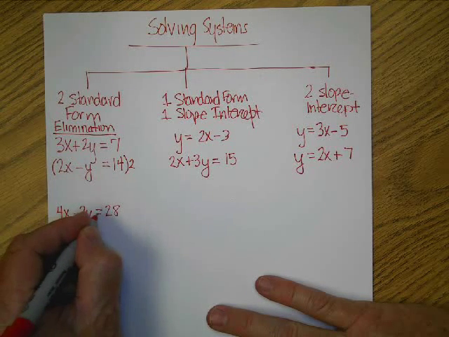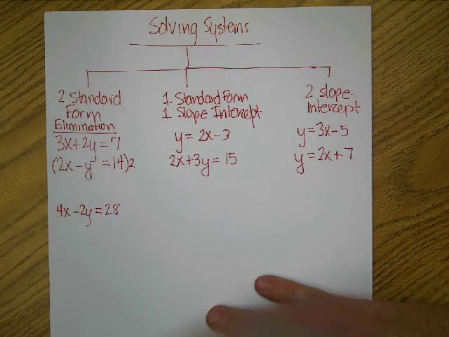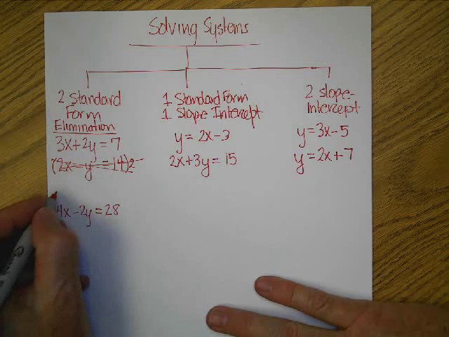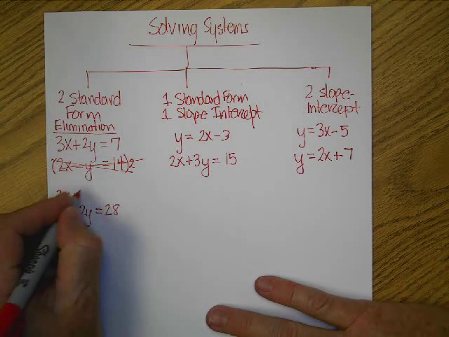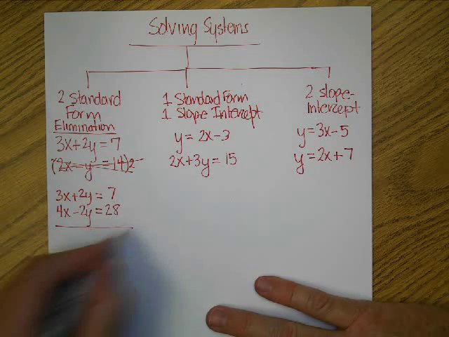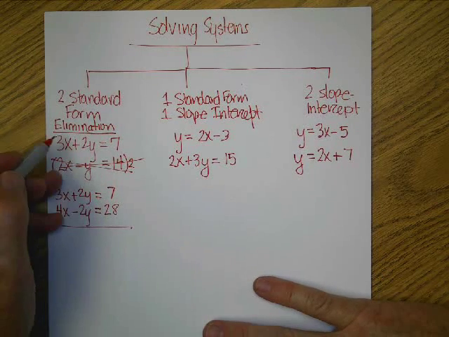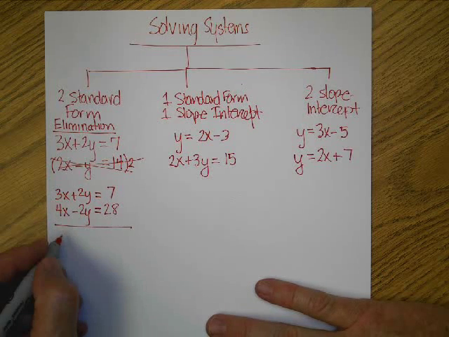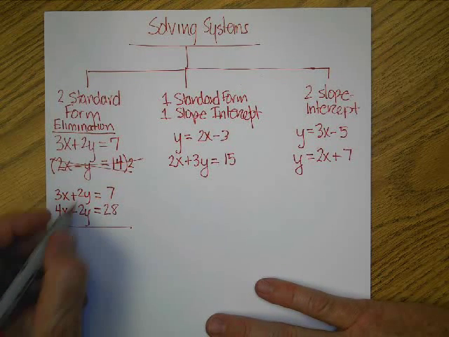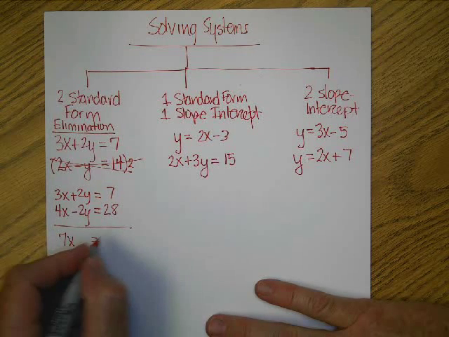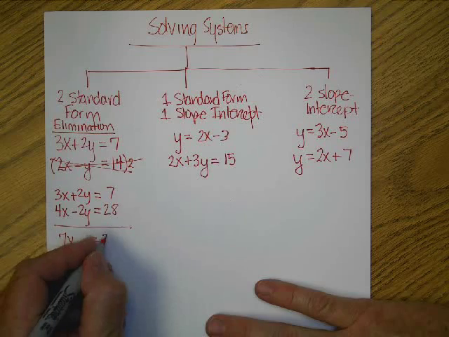Then we write the other equation down again above it, 3x plus 2y equals 7. Now if we add these, we eliminate a variable, thus the elimination method. Adding 3x and 4x, we get 7x. The 2y and negative 2y drop out, and 28 plus 7 is 35.